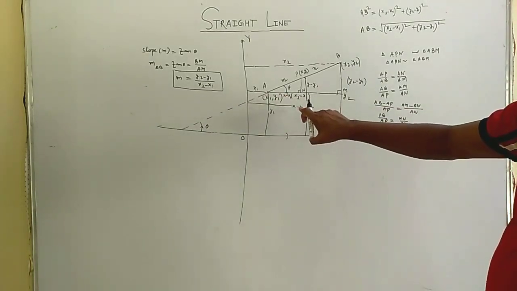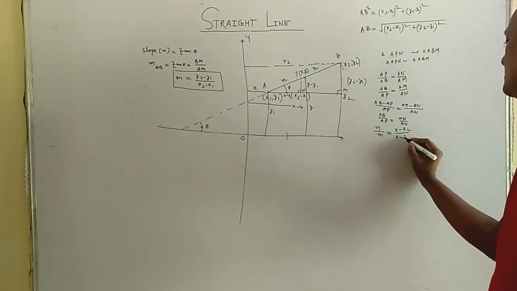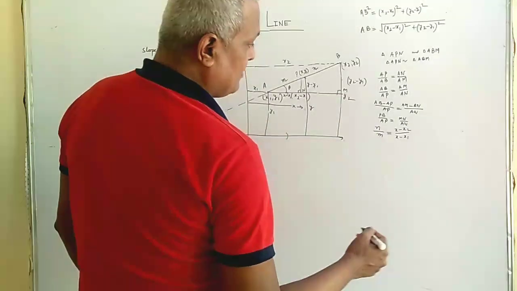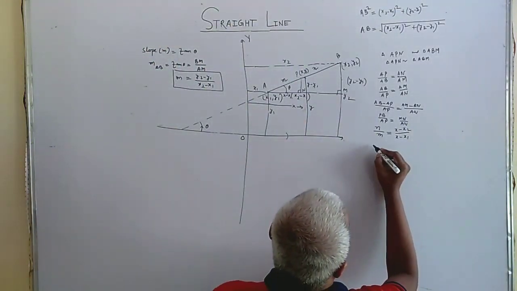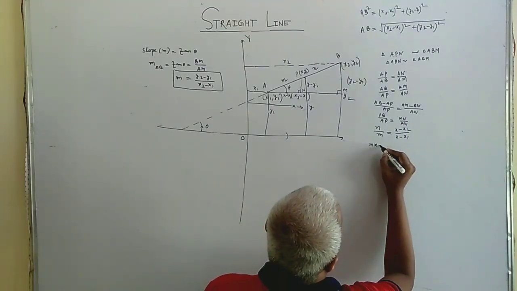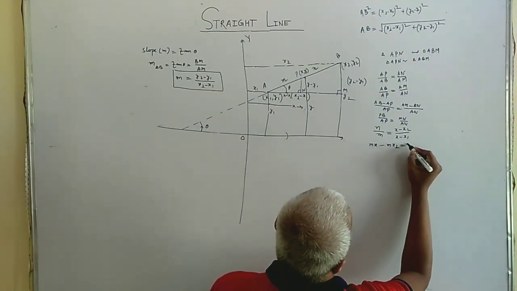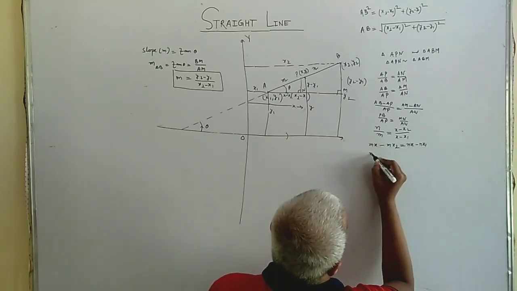AN I just found out, x minus x1. So now I'll cross multiply, then what I'll get? mx minus mx2 is nx minus nx1.